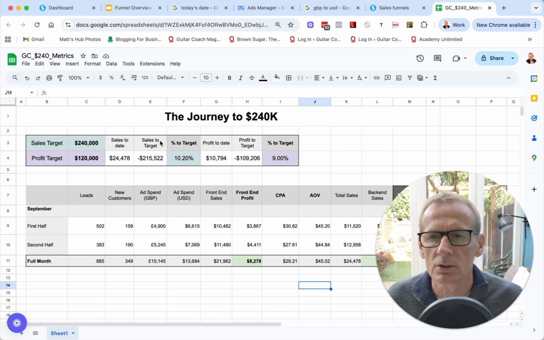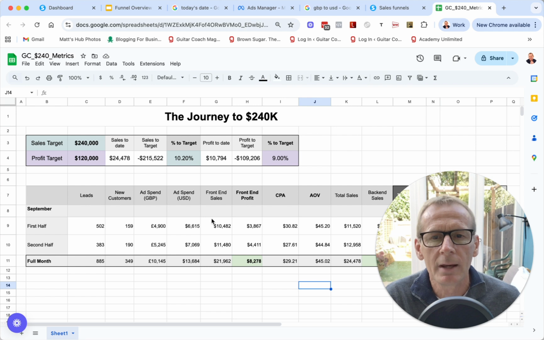In sales terms, in that first month, we're slightly ahead of our overall annual target. Profit-wise, it's slightly over where we are on an annual basis, but very slightly lagging behind our sales, because we want this 50-50 split. So we end up the year at 240 in sales and 120 in profit.